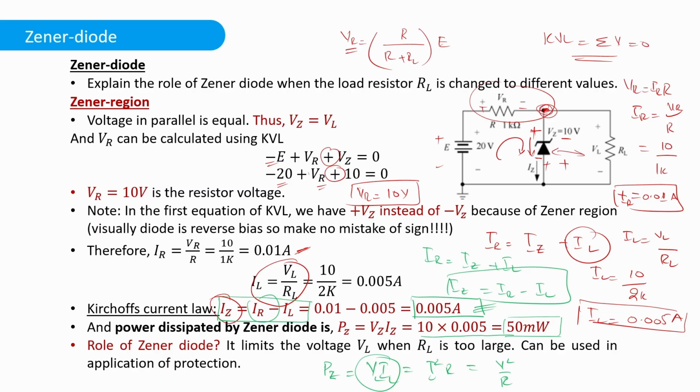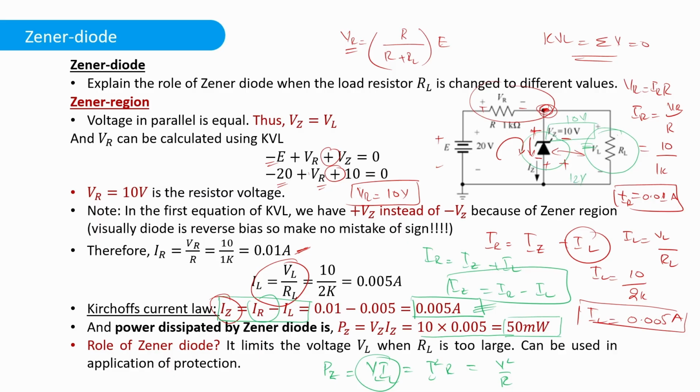So what we saw in this example is that the role of the Zener diode is that it limits the output voltage. We discussed in this video that to control this output load voltage, we can introduce a Zener diode. So this load voltage will never cross the Zener diode voltage, which is 10 volts in this case. If this was 12 volts, then the maximum voltage across this load would be 12 volts.